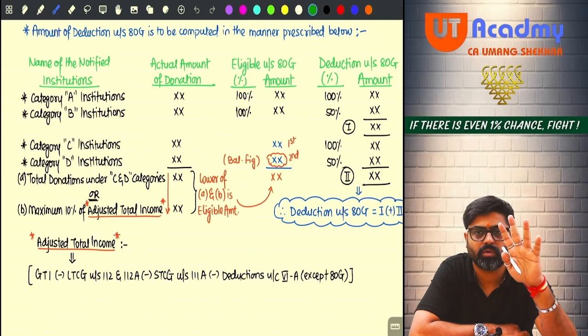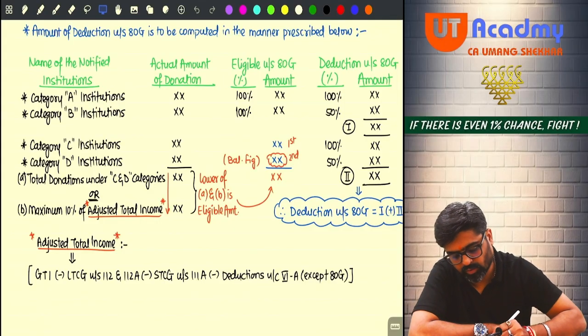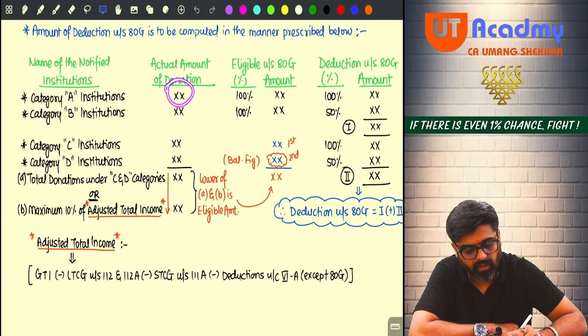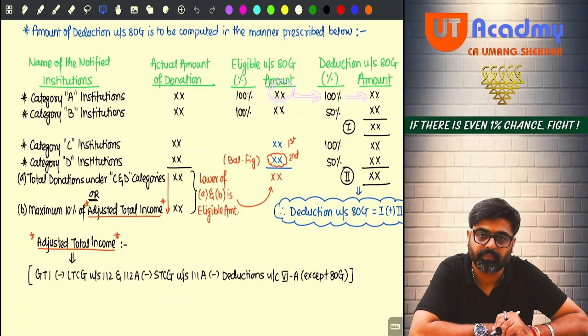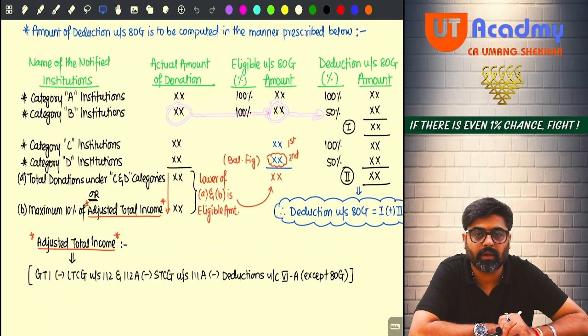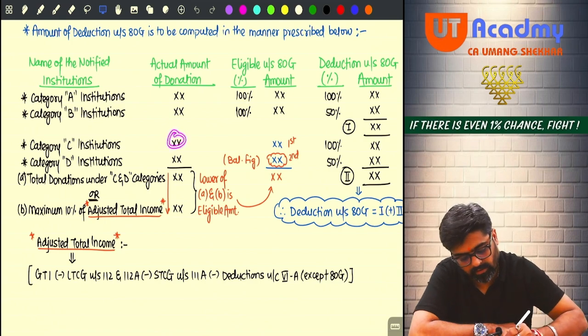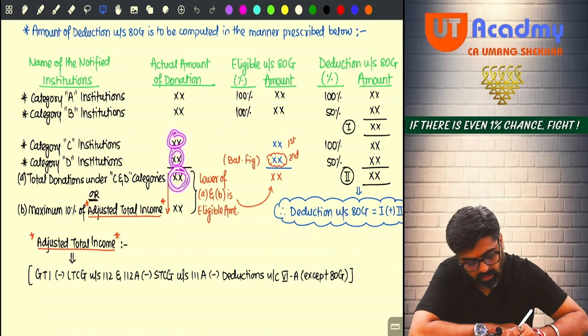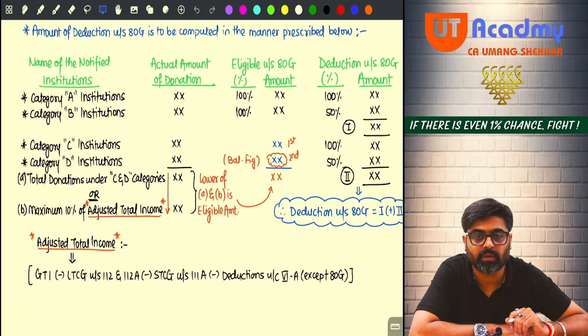Please go through. Category A institutions, whatever donation is made, full amount will be eligible, and out of the qualifying amount, 100% will be allowed as a deduction. Category B, full amount will qualify, but out of that only 50% will be allowed. Category C and D, both taken together, cannot be more than 10% of your adjusted total income.